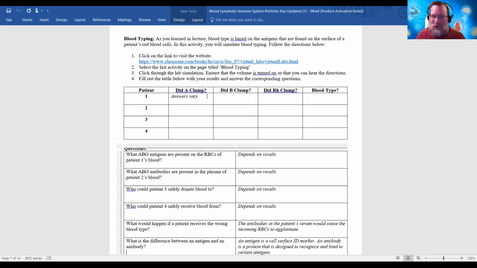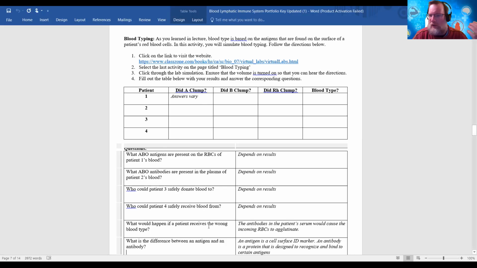So you're going to have 3 separate little dots, a drip for one, a drip for the second one, a drip for the third one. If you see no clumping in A or B, then you're going to have O blood. So no clumping is O blood. If they both clump, we say that's AB blood. It walks you through it very nicely.